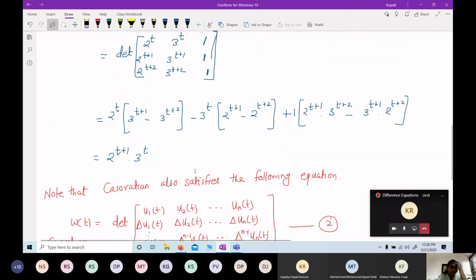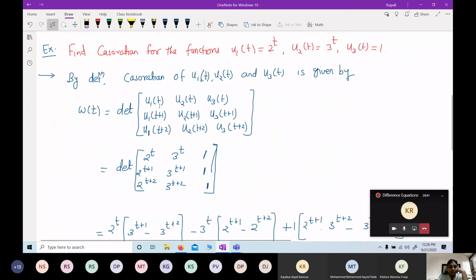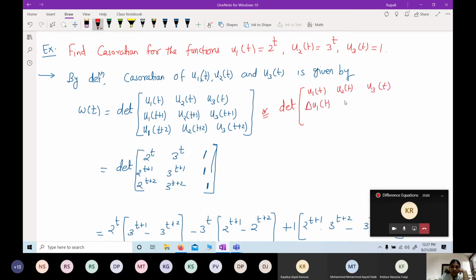Okay. For example, what will be here then? It will be the determinant of u1t, u2t, u3t; delta u1t, delta u2t, delta u3t; and delta square u1t, delta square u2t, delta square u3t.